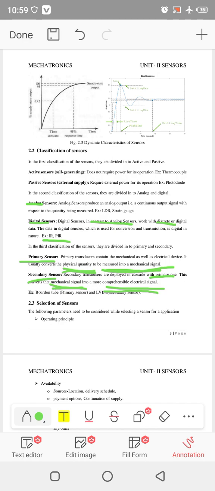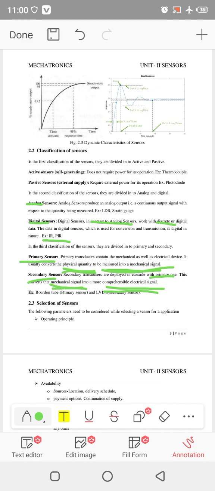Active and passive depends on the requirement of power supply from external sources or whether it is self-generated. The analog and digital classification is based on whether the sensor produces an analog signal or a digital signal. Depending on this, we classify the sensor as analog or digital.